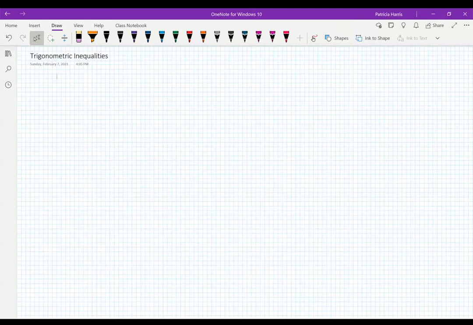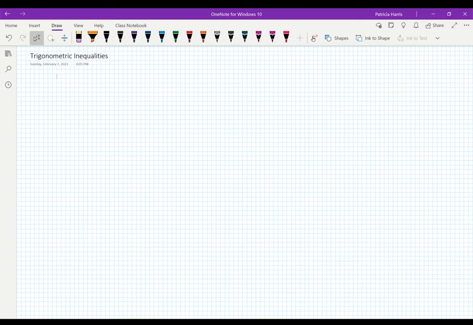Okay, guys, let's talk not quadratic inequalities, trigonometric inequalities. Usually I recommend solving these using Desmos because it's nice to get that visual.